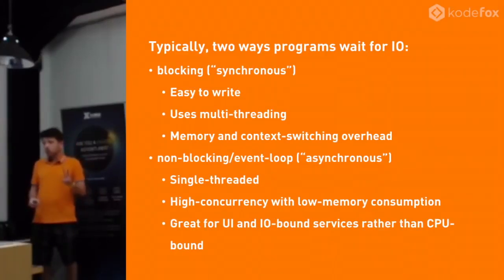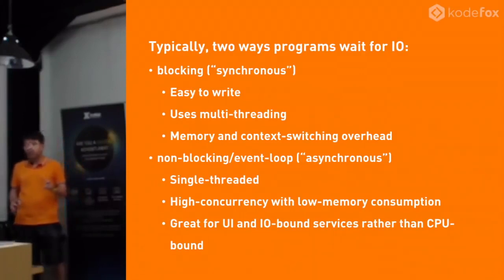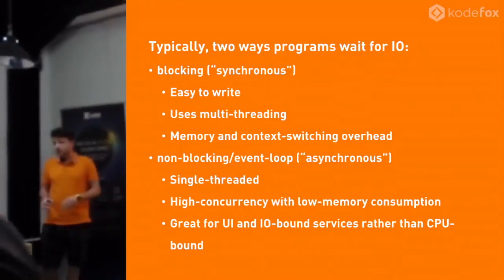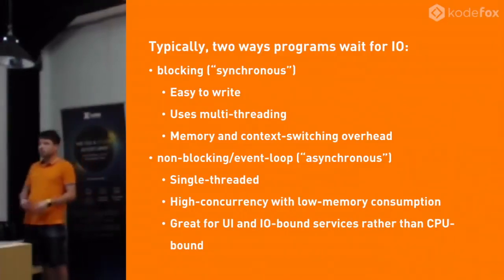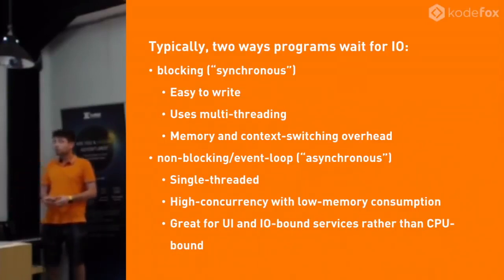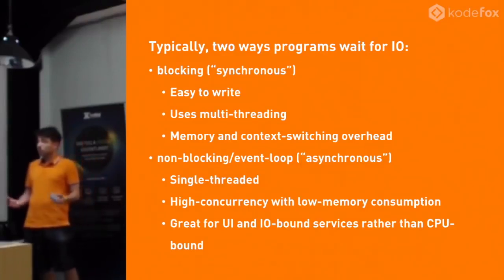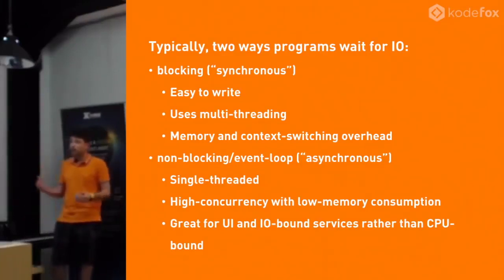There are typically two ways for a program to do those kinds of tasks. For I/O specifically, we have the blocking or synchronous style, which is easy to write. It's what PHP and Ruby and Python and most server-side technologies do: synchronous or blocking I/O. For that to work we need multi-threading, because if we stop one thread, we need another thread to continue to serve user requests.